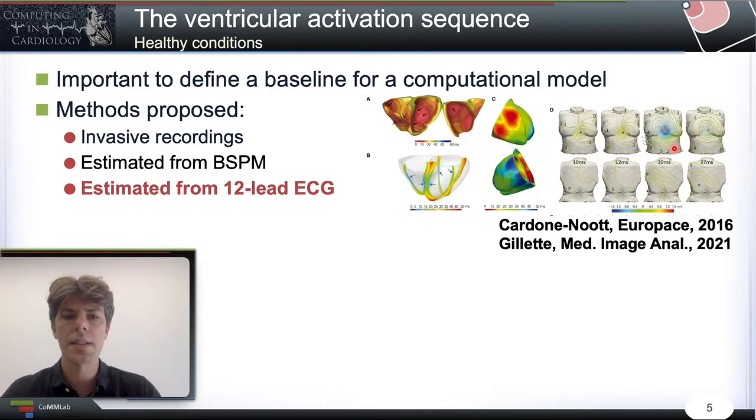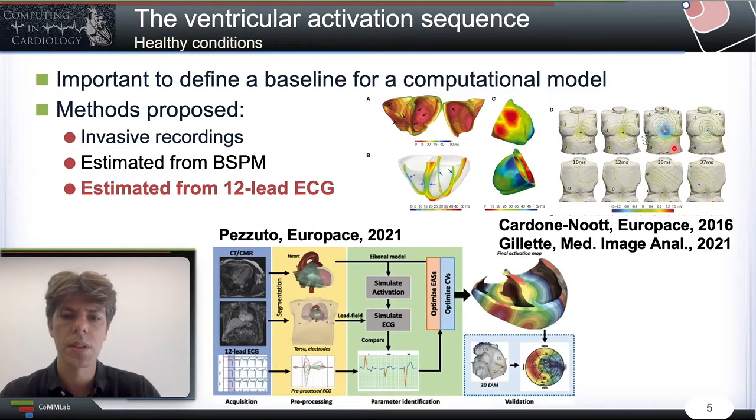Some other techniques that have been presented recently only require the 12-lead ECG. In some of them, a reconstruction of the full myocardium is required to estimate inversely the location of the early activated sites of the ventricle, and in some recent works also using forward simulation in a loop.